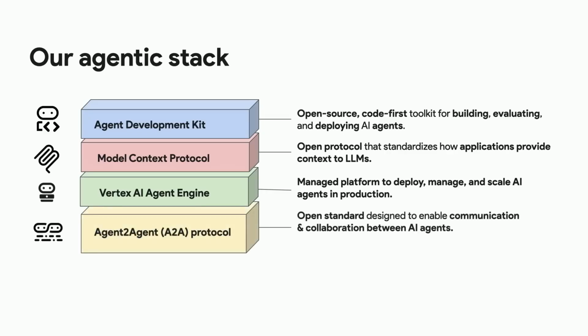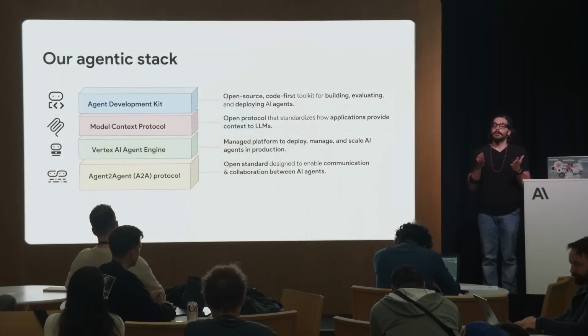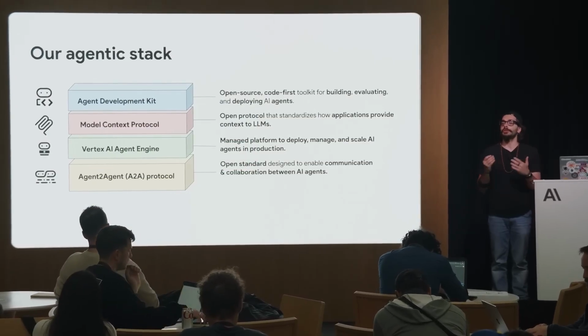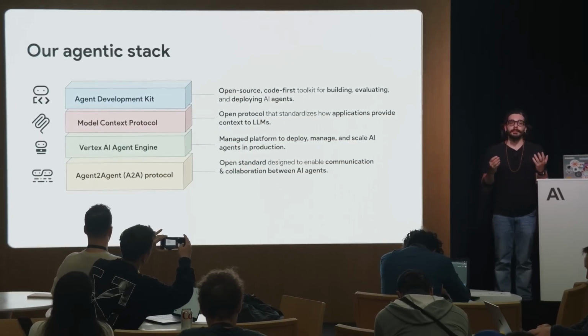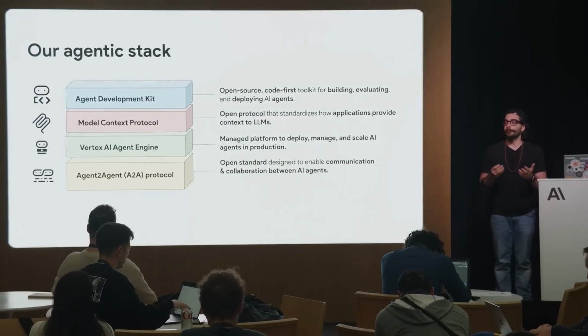And finally, to address the challenge of allowing communication between different agents built with different frameworks, we also introduced the agent-to-agent protocol, which is essentially an open source protocol that will allow you to create this seamless communication and collaboration between agents in whatever framework you build.